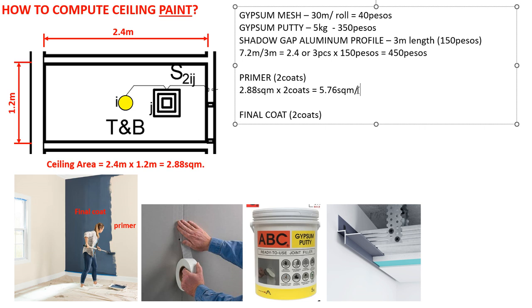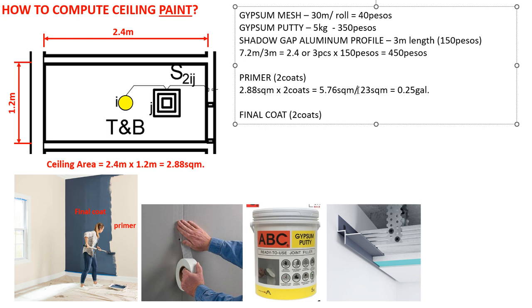As per experience, the average coverage of 1 gallon of paint is 23 square meters, which means we get 0.25 gallon. So we only need 0.25 gallon, or 1/4 gallon, to cover the area with 2 coats of primer.